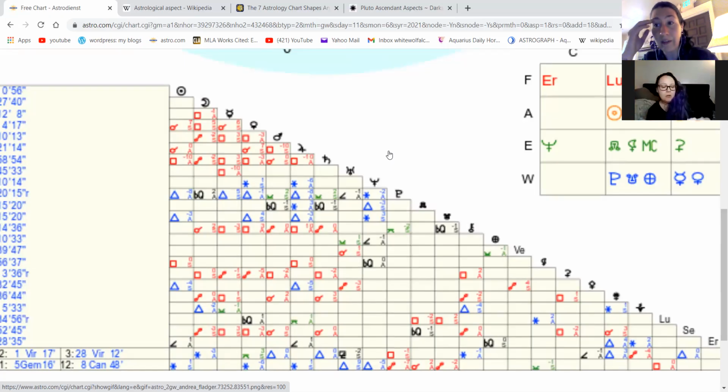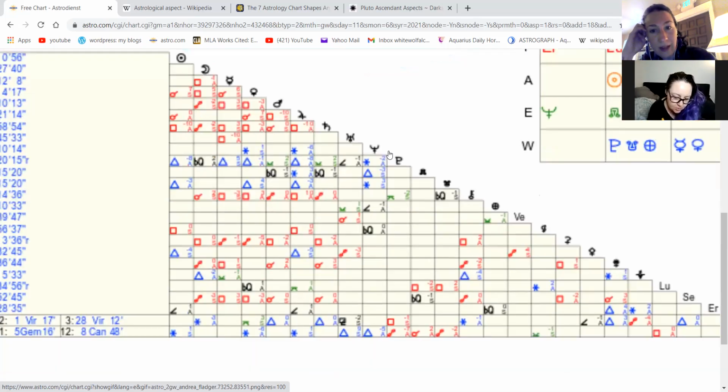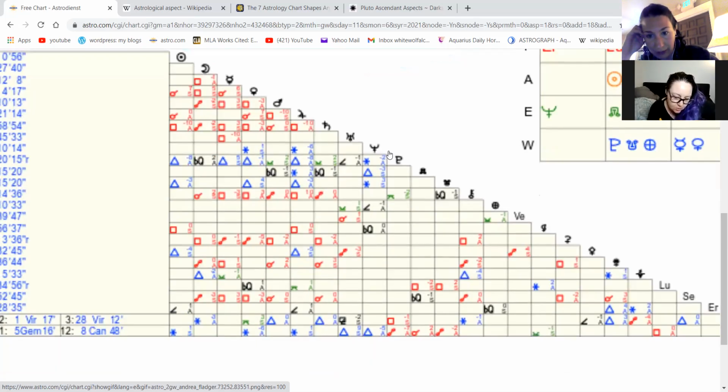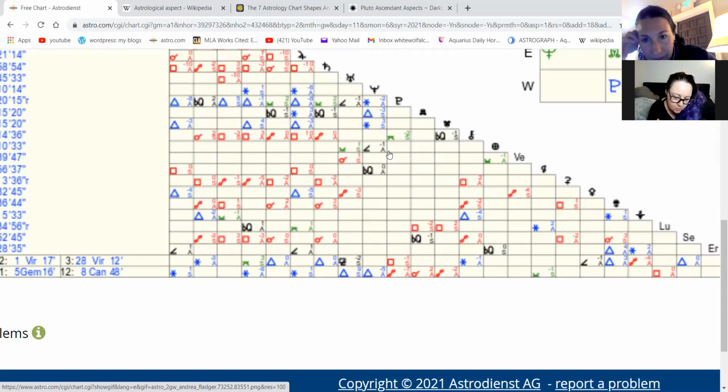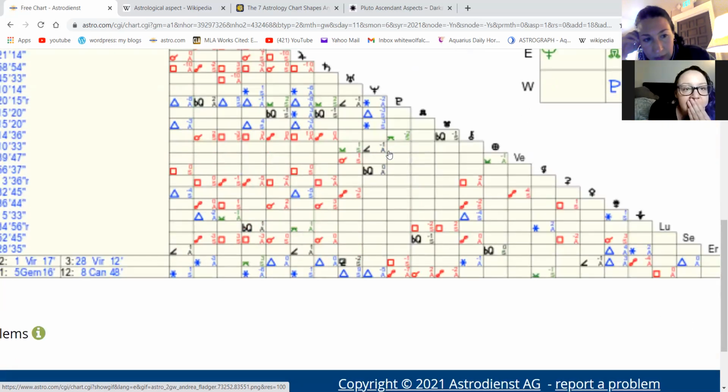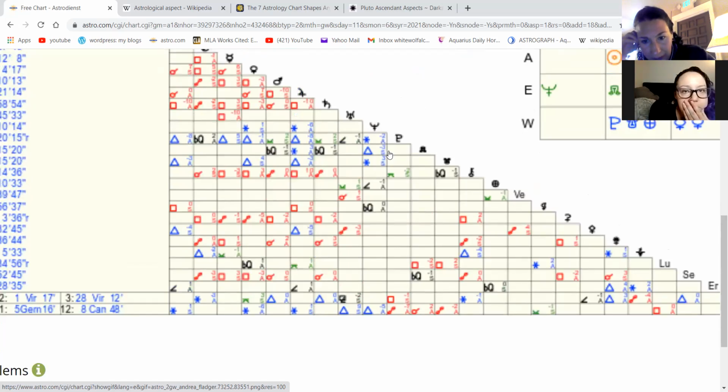That one's obviously not in the book, but write that one down. The Sun trine South Node of the Moon. Let's look at your Chiron. You have Chiron trine. Moon trine.